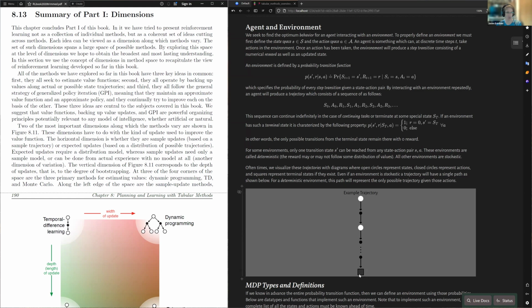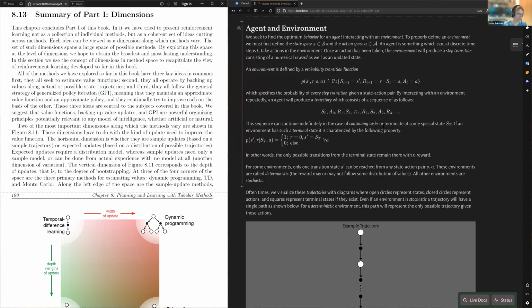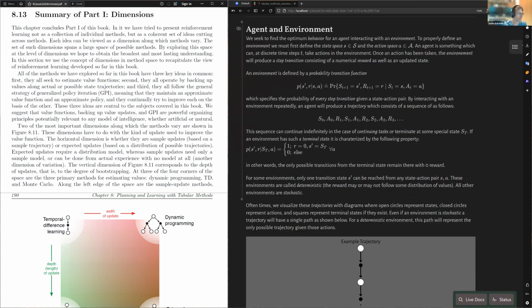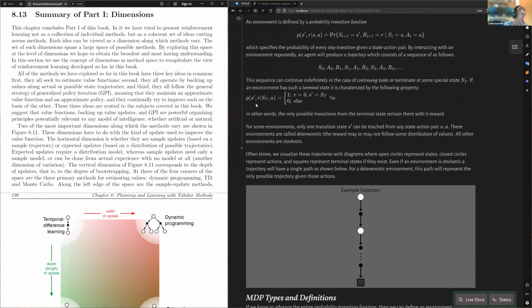And this square is reserved for a special terminal state. What makes the terminal state special is, here, I'll make this a little larger, that the probability of transitioning out of the terminal state is always zero. You can see this probability is one for the transition state being the terminal state, whatever that is.